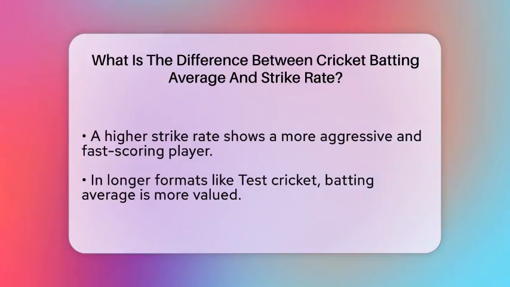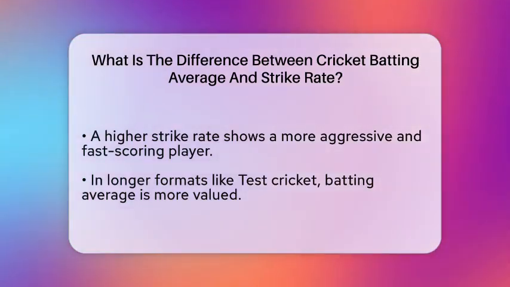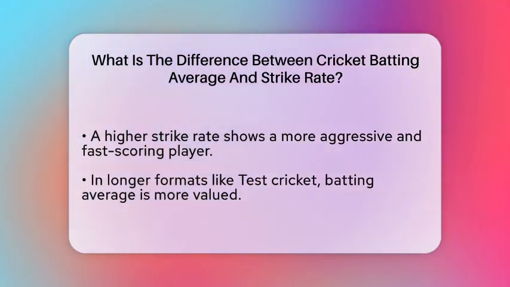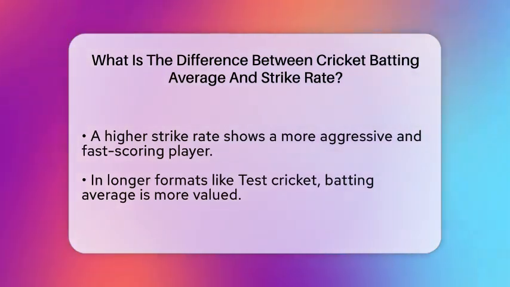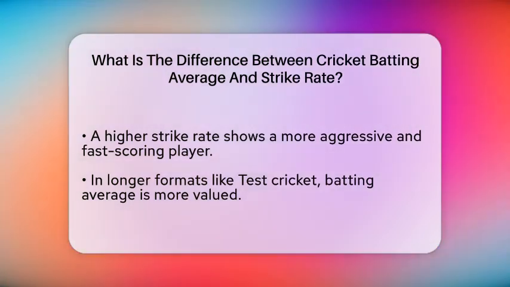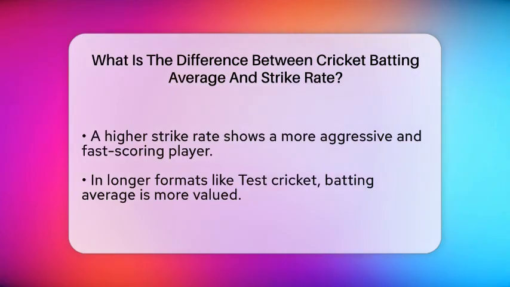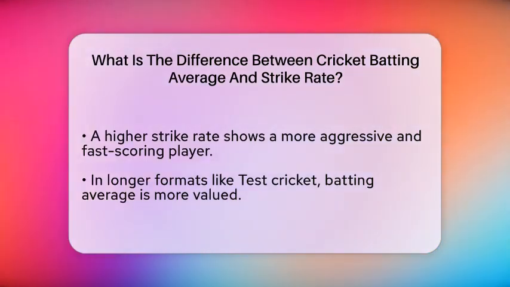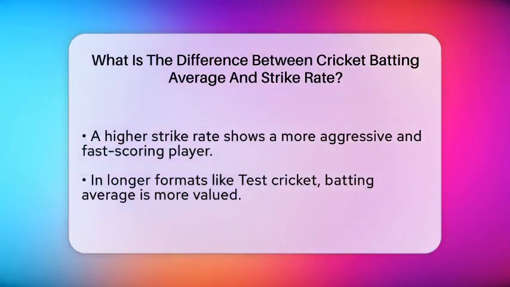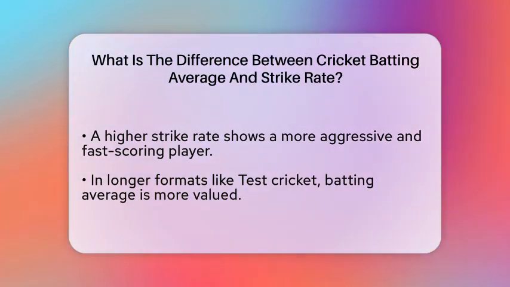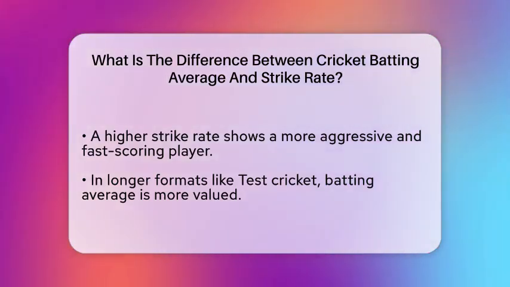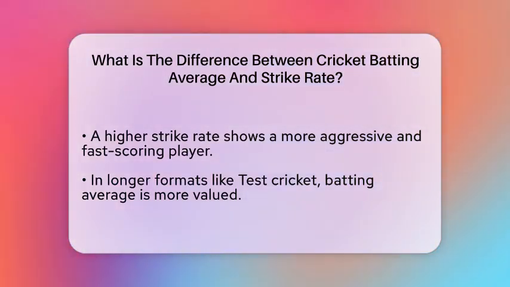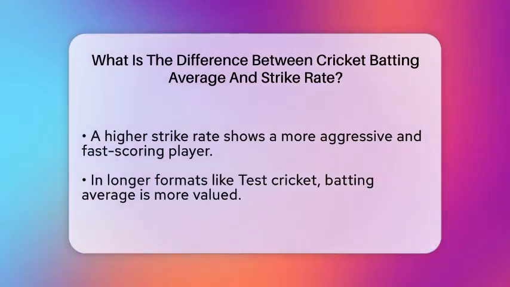To sum it up, the batting average shows how many runs a player makes before they get out, highlighting their consistency. The strike rate shows how quickly they score those runs, showing their aggressiveness and pace. In real matches, teams want a mix of both. Some players have high averages and steady innings, while others have high strike rates and can change the game in a flash.